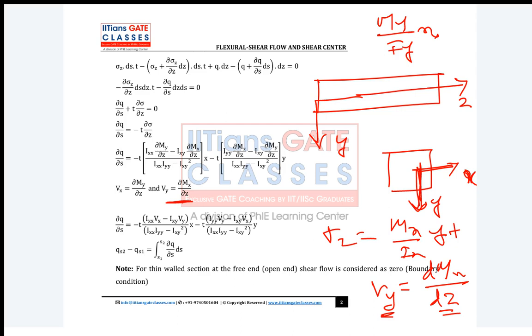That means your Vx, my shear force in the x direction, will be dou My by dou z. Am I making sense? Is this point clear, how Vx and Vy come? Everybody, is it clear?